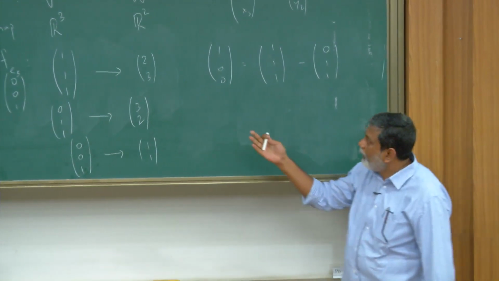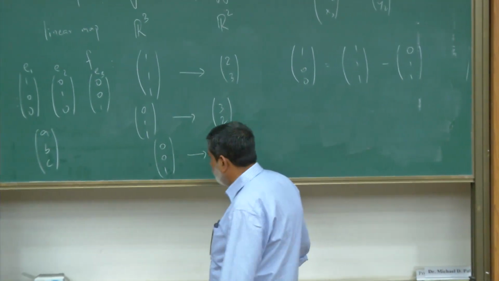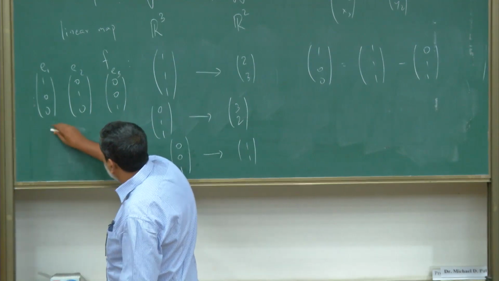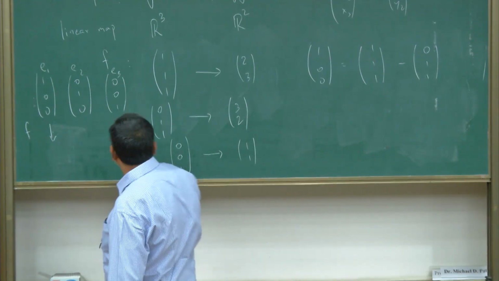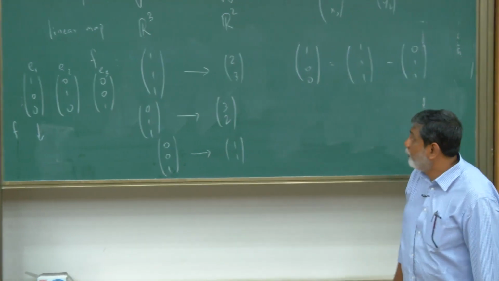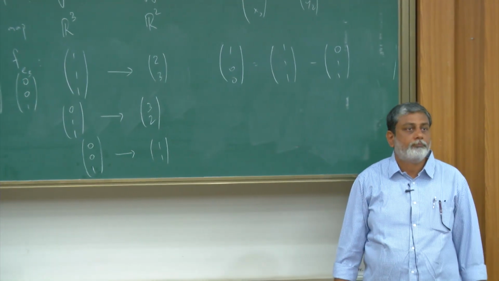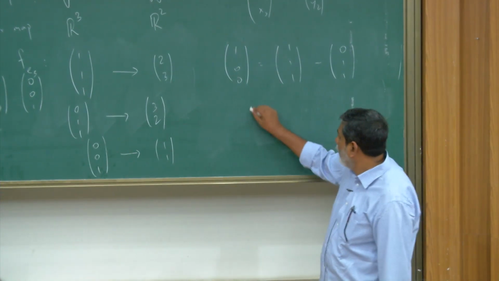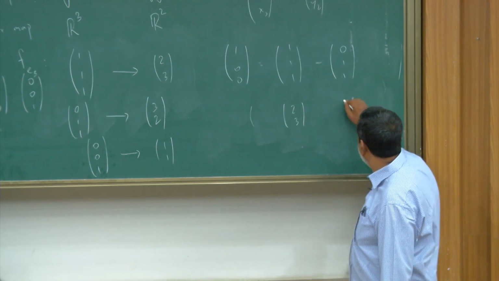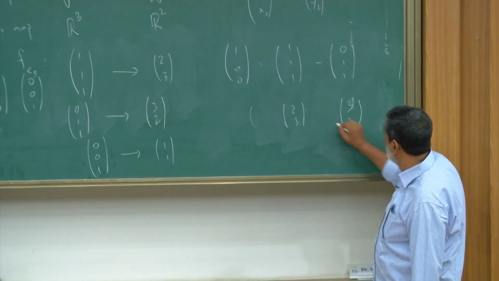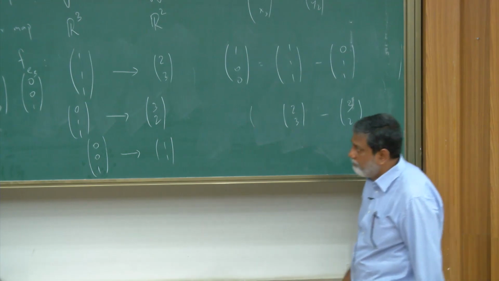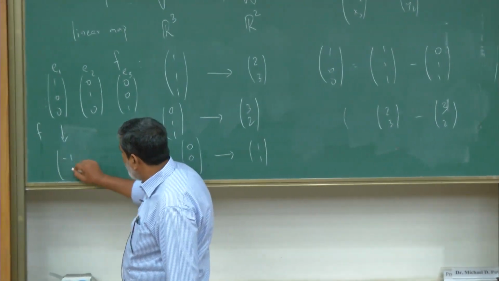And so E1 maps under F to, what does it map to? This maps to (2, 3), and this maps to (3, 2). So (2, 3) minus (3, 2), so (-1, 1).